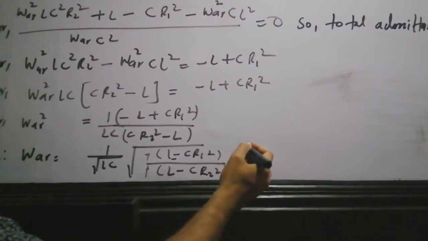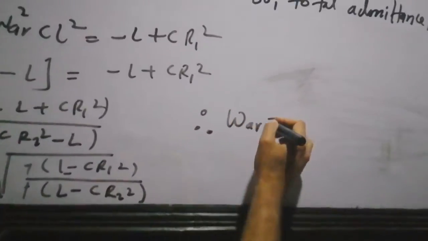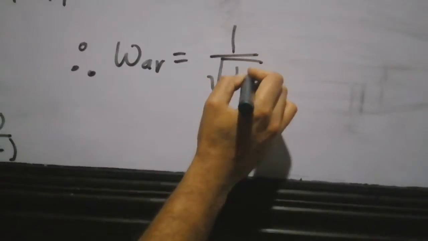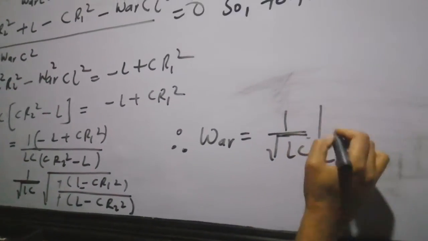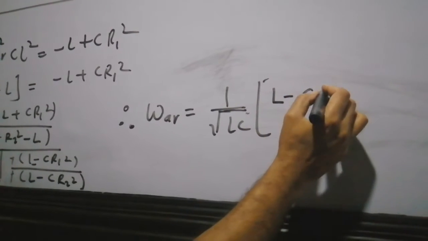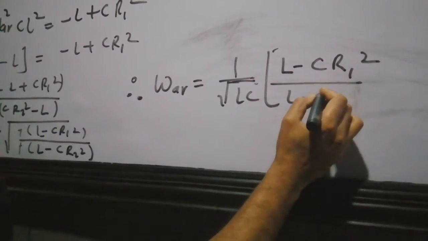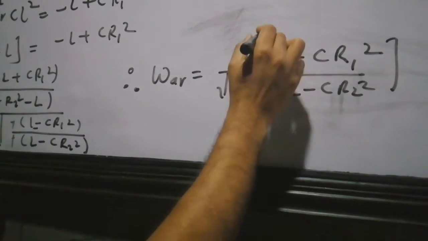So minus cut, and so finally we got the anti-resonant frequency omega AR equals to 1 over root LC, and then we got L minus C R1 square by L minus C R2 square, and this is the square root.